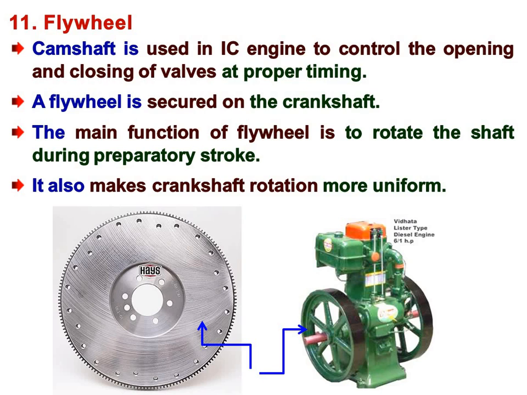So these three strokes are idle strokes. The power stroke is the only stroke in which energy is produced. This energy is stored in the flywheel, and may be supplied either for the idle strokes as well as for further useful work in the transmission linkage.